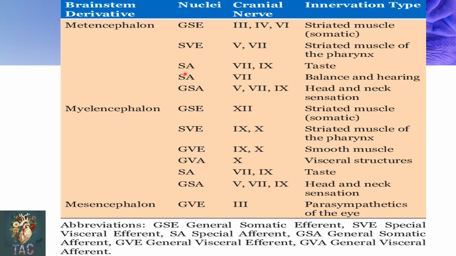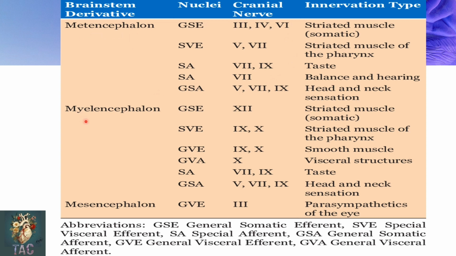Then the general somatic afferent fibers carry the general sensations of pain and touch, and these are the sensation of taste. These are the special afferent carried through cranial nerve 7 and 9. Then the special afferent carried through cranial nerve 8, having balance and hearing, and then general somatic afferent fibers, which carry the sensations of pain, touch, and temperature from the head and neck region through cranial nerve 5, 7, and 9. So these are the different nerve nuclei which are present in the area of the mesencephalon.